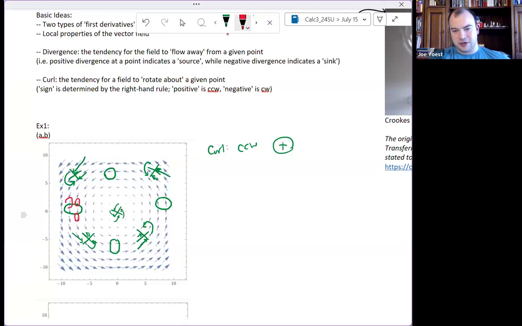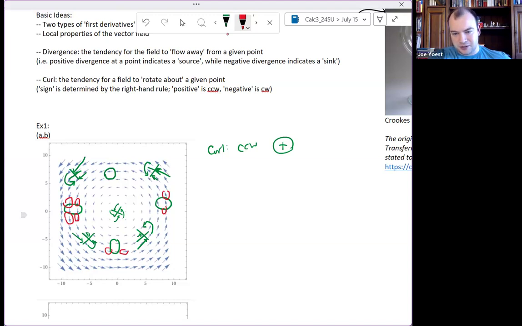I have this vector, it's a little bigger than the previous one I looked at coming in, but I have one basically matching it perfectly coming out. Same thing over here. Same thing down here. It seems like for any little circle that I draw somewhere on this picture, the inflow and the outflow perfectly match.